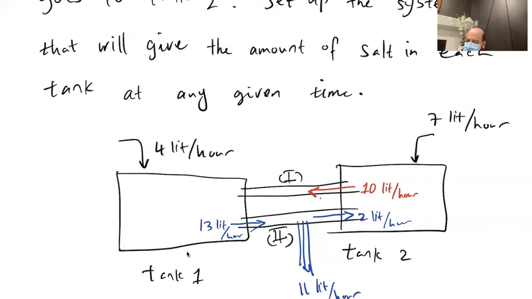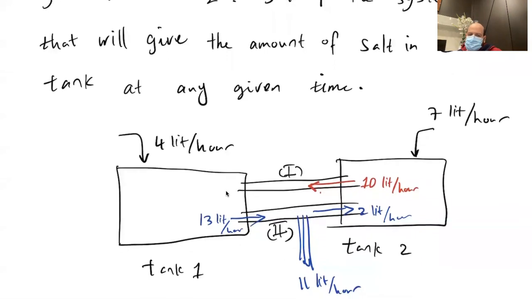So how can I achieve that? If you look at tank 1, there are 4 liters coming in here, 10 liters coming in here, so that's 14 liters coming in. So if 14 liters go out, then overall 0 liters come in and go out, and 800 liters remain 800 liters.